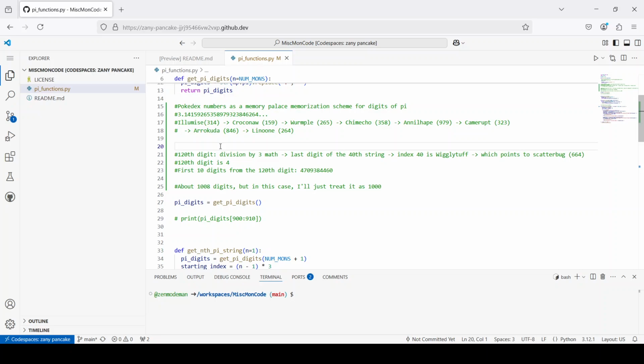That gave it far more purpose compared to if I just wanted to memorize Skorupi 451 on its own in a vacuum. So in ways like this, I think that's pretty cool.